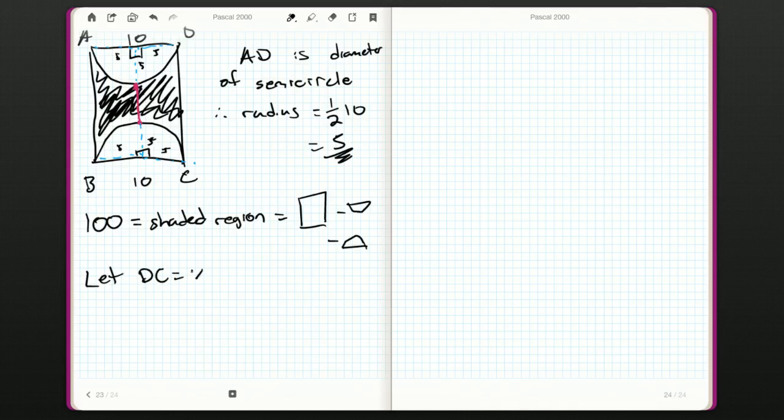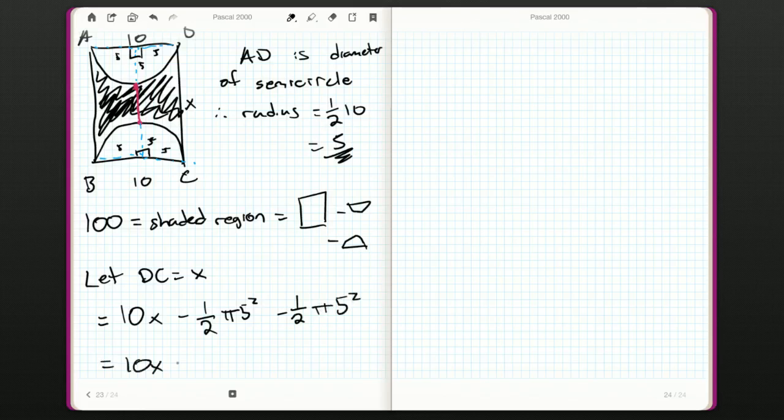Let DC be X. So we're going to let this length here be X. So the shaded region is then 10 times X minus 1/2 the area of the circle with radius 5, because semicircles are half, so they have half the area. So pi r squared, well, we know what the radius is, and then minus another half circle, which has the same radius.